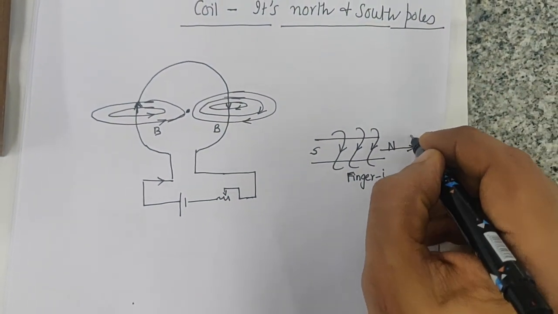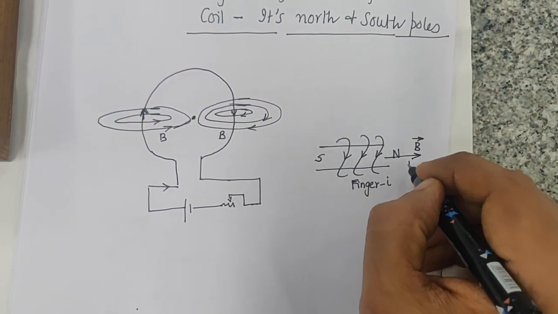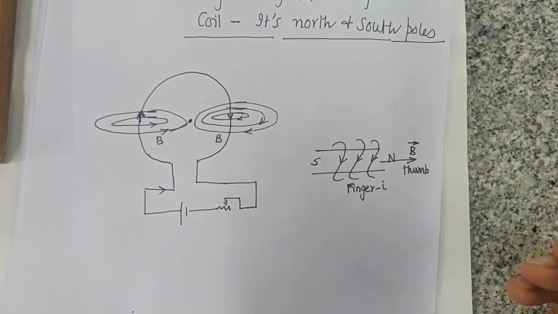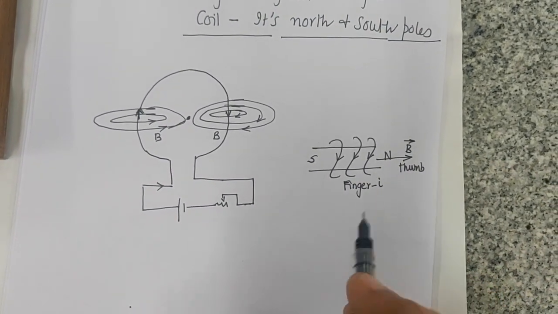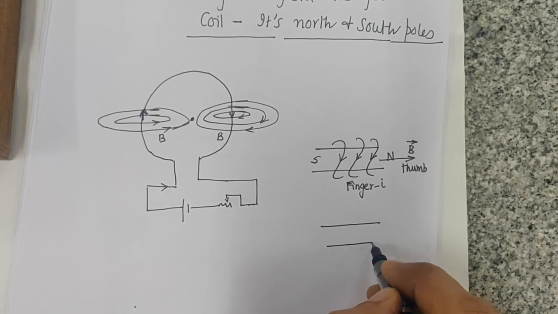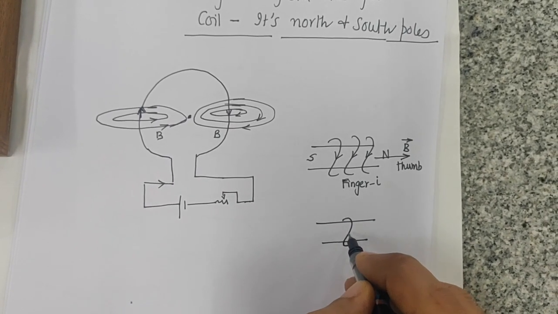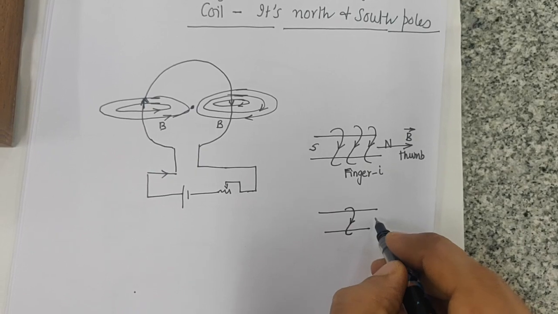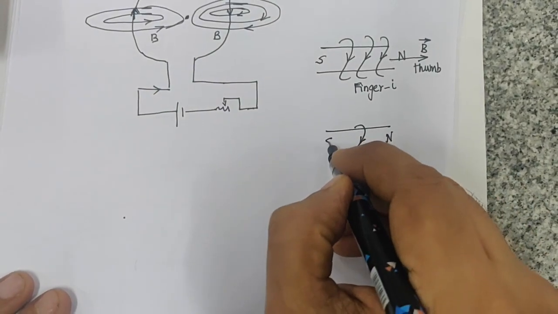This is your B, and that's your thumb. Now imagine that this is only one coil. This side is still north and this side is still south.